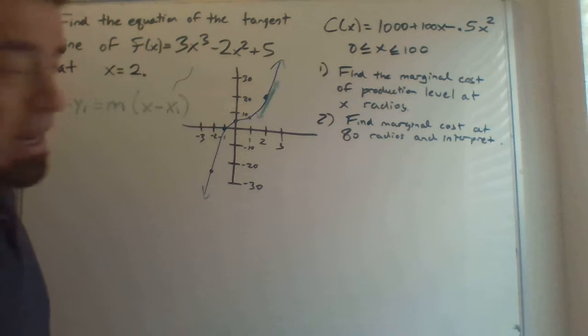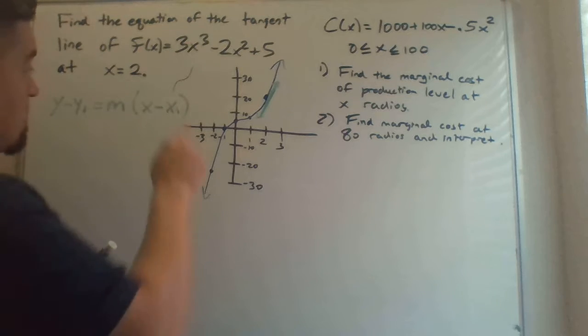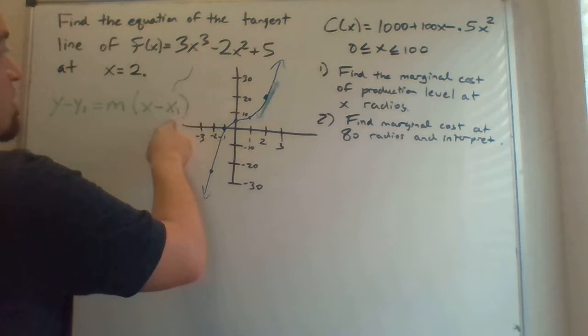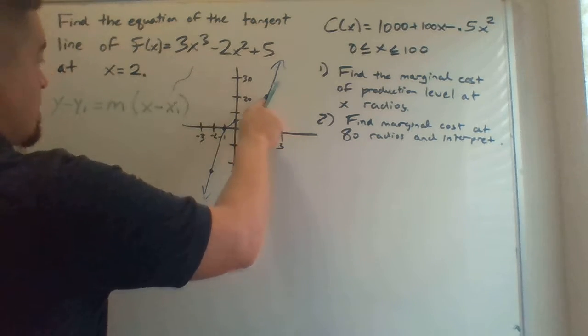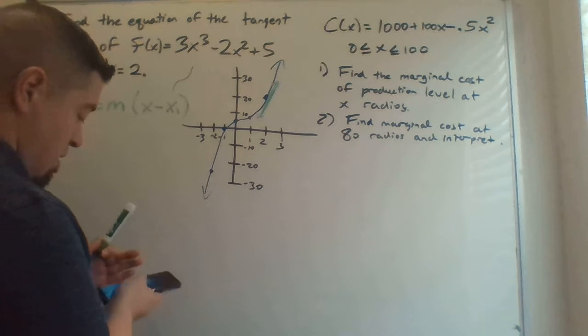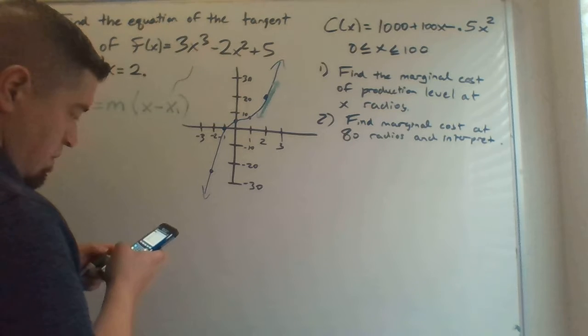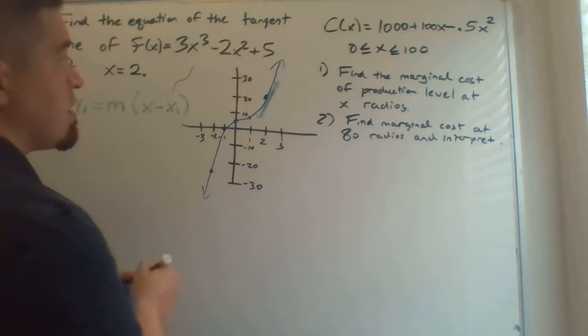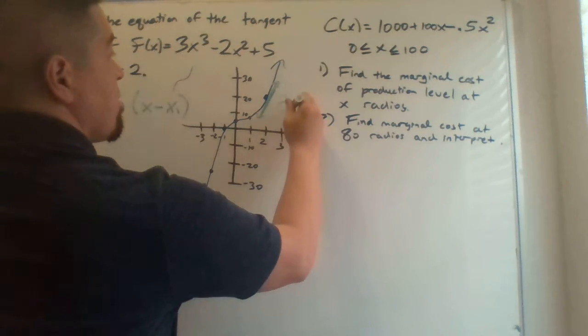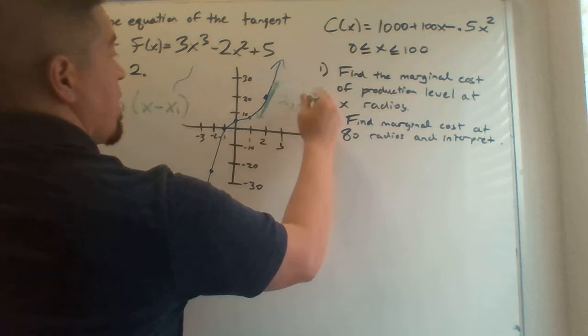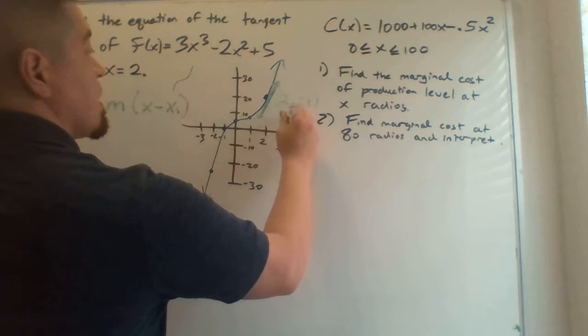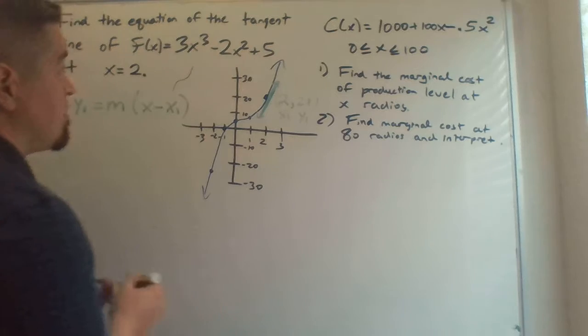And this formula allows you, if you put a point into it, which we already know from the calculator, I believe it was (2, 21). We have this point, we have an x1, and we have a y1. This is our x1, that's our y1.